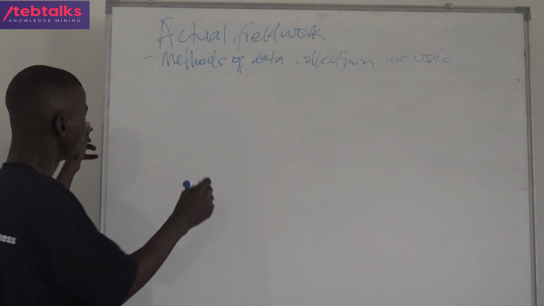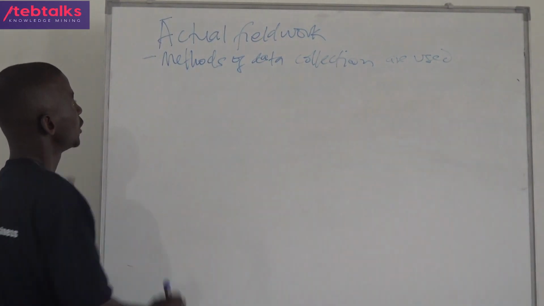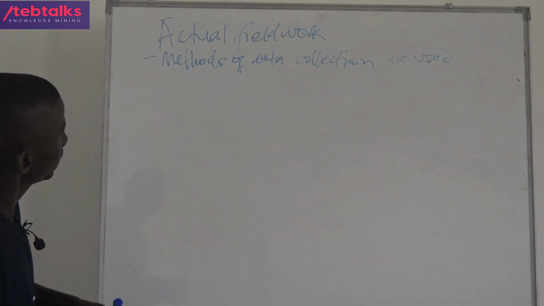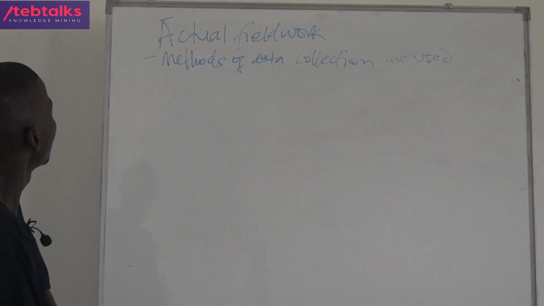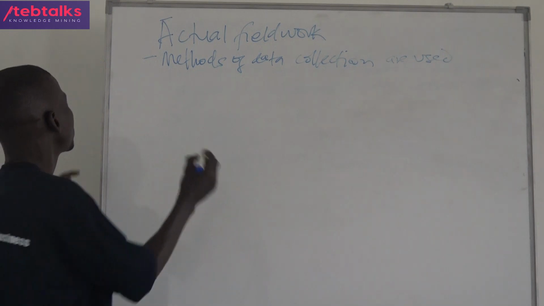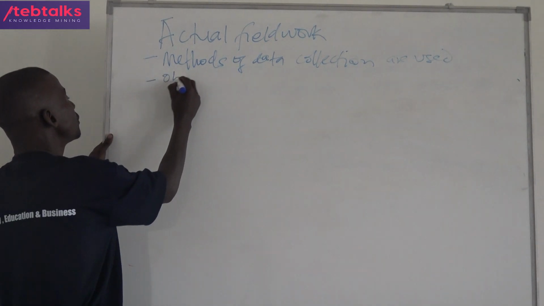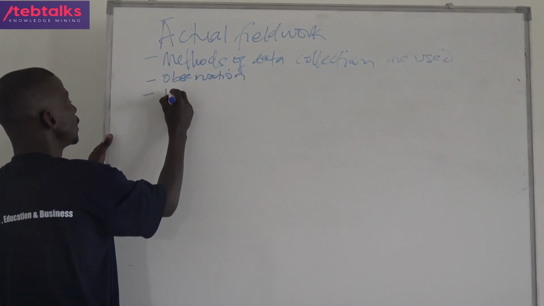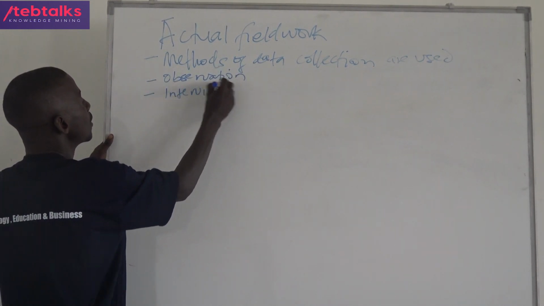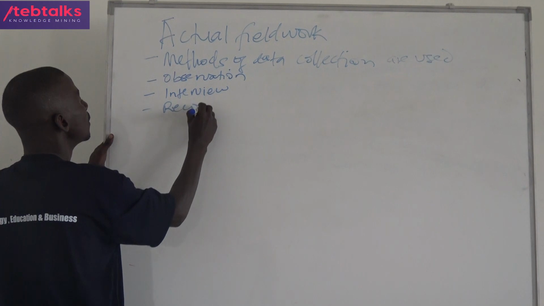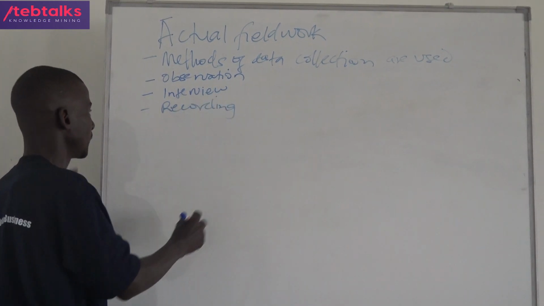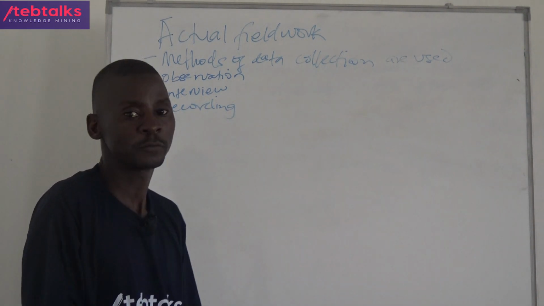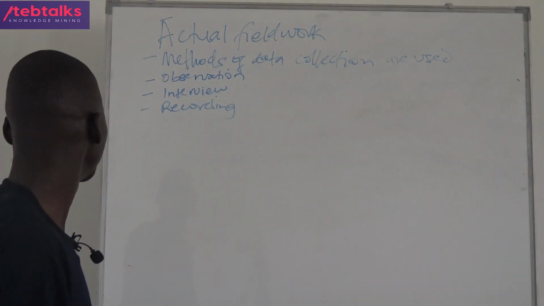So in the actual fieldwork, that's where you're going to put out all your methods of data collection. For example, you say you're going to use observation, interview, recording, etc. So in this actual fieldwork, that's when you make them fully used.